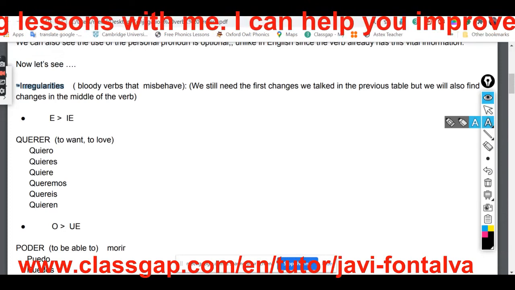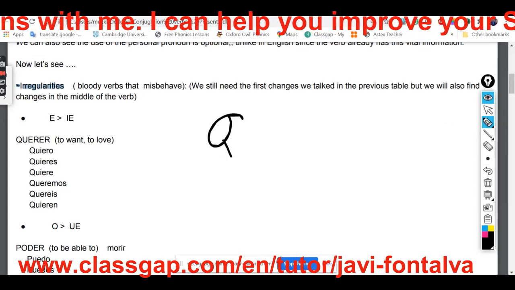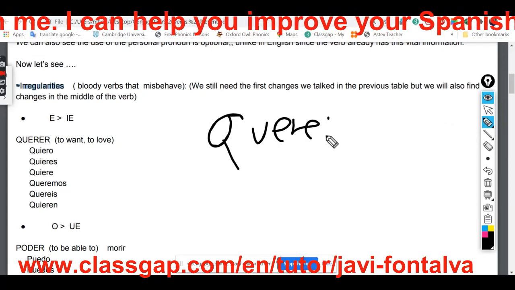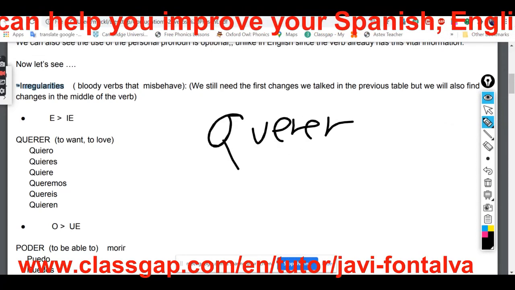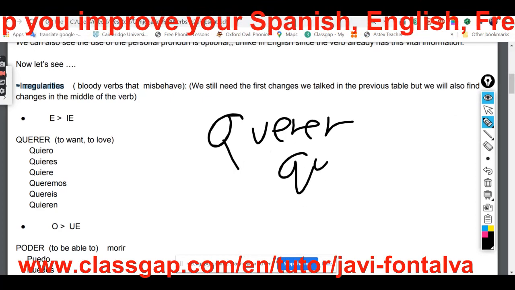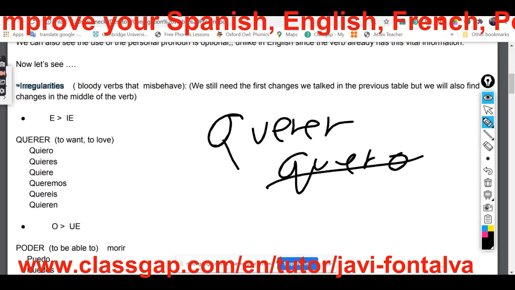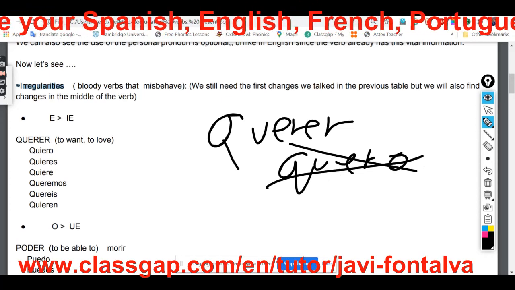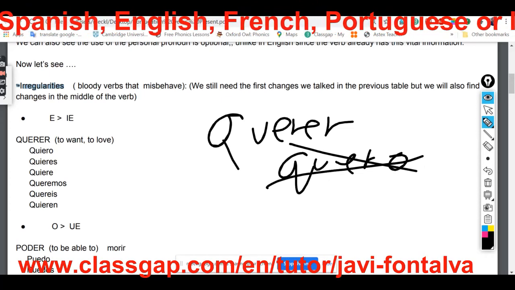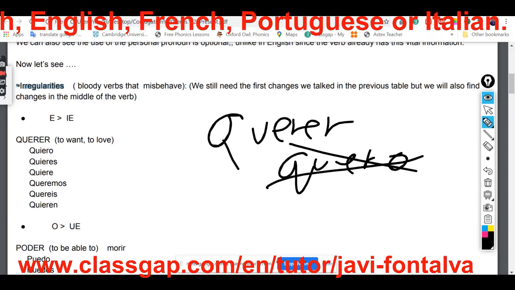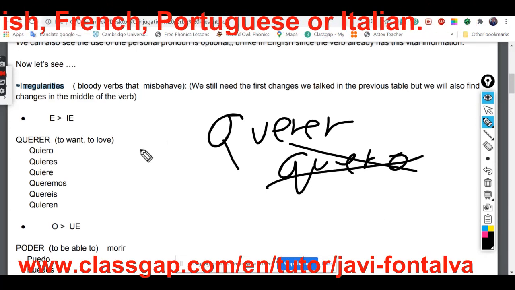So for example, take this verb here, querer. If you want to say I want, you won't say quero. This is not correct. You also need to change something else. In this case, it's gonna be quiero.